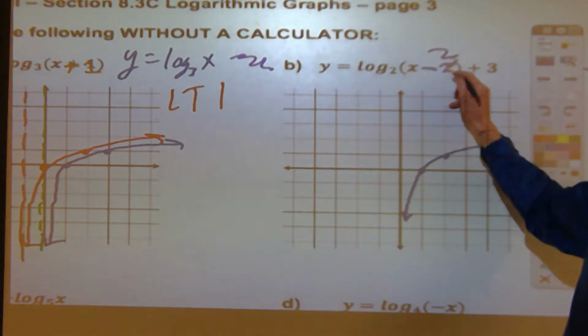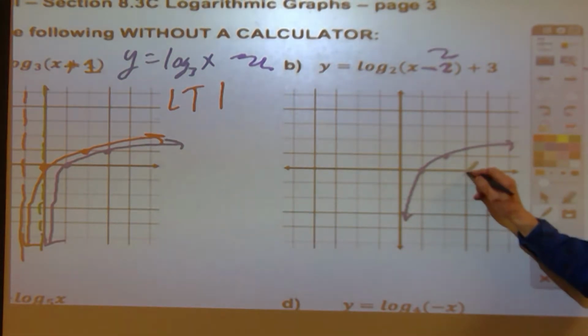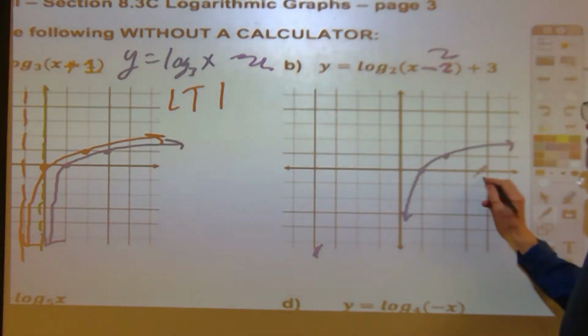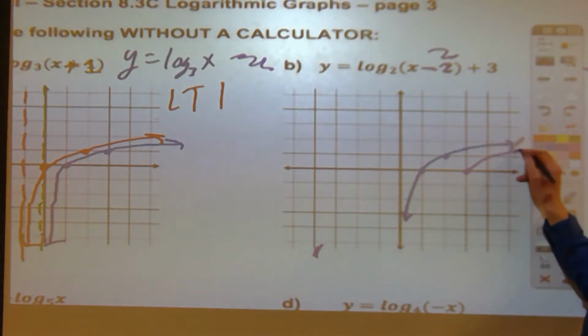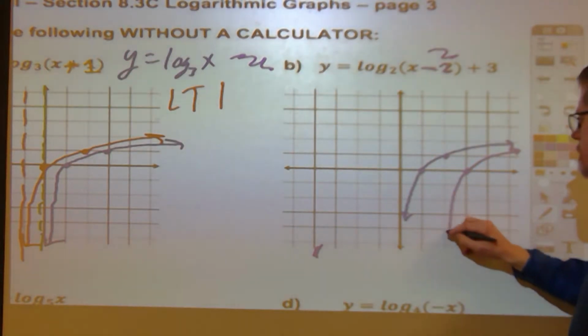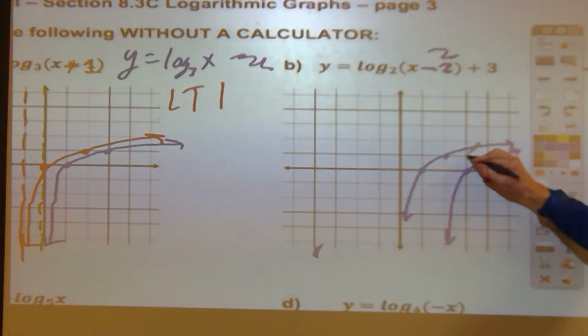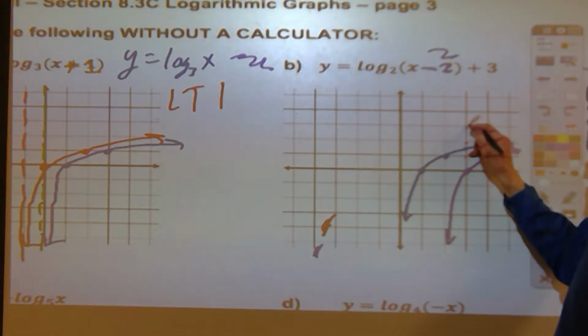So this -2 is going to be a right 2, so I'll do that in purple. Yeah, there's an extra procedure I need to go through to make it work, but it looks like it's working. That's right 2, and then up 3, we'll go final answer in red, so 1, 1, 2, 3.